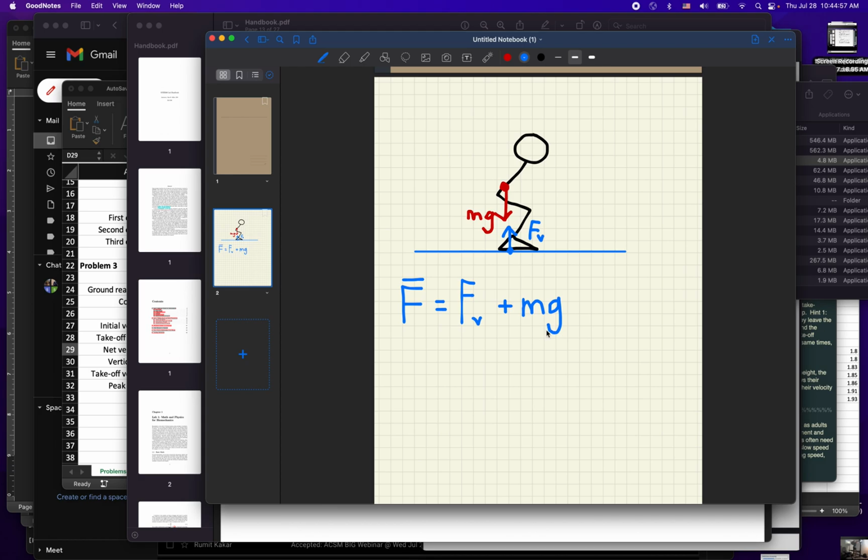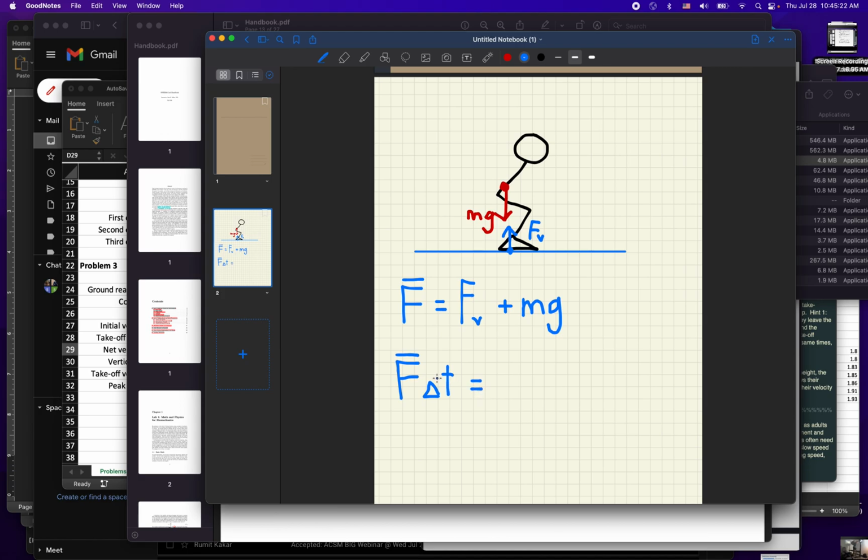Okay, hint number 1 tells us this is an impulse momentum problem. And our impulse momentum relationship from earlier in this section of the lab handbook said that I apply some average force on some mass for some span of time, delta t.